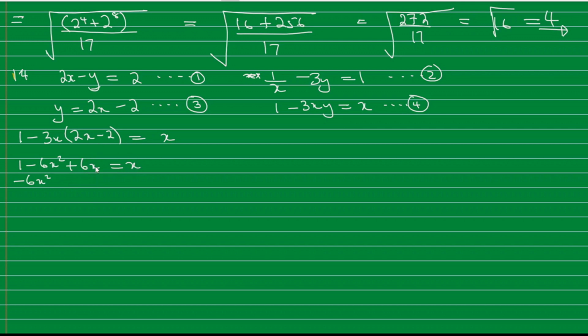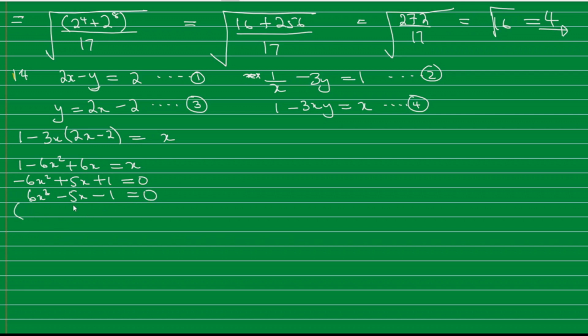The x, when it comes over here, it will subtract, so we are going to have plus 5x, and then I've got a positive 1 is equal to 0, so the x comes to the left side. And then let us eliminate the negative, multiply by negative 1, so that will give us 6x squared. That's basically changing the signs here. 6x squared minus 5x minus 1 is equal to 0.